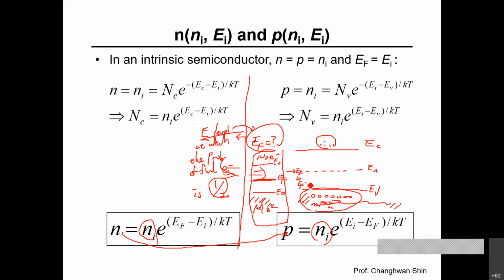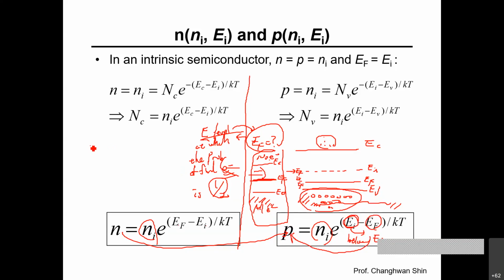So the Fermi energy level should be found near the valence band edge. Now here the Fermi energy level is below Ei, mid gap. So how far EF is from the mid gap Ei determines the hole concentration.